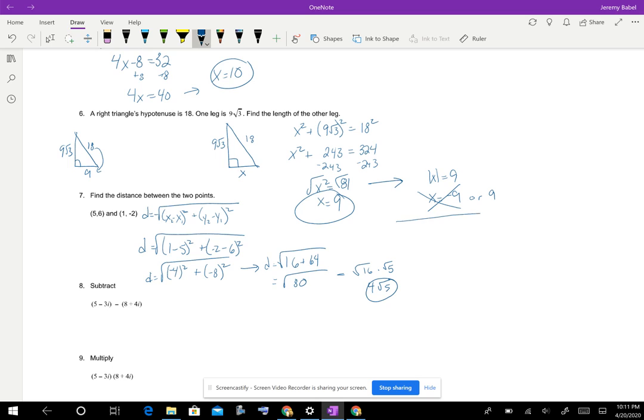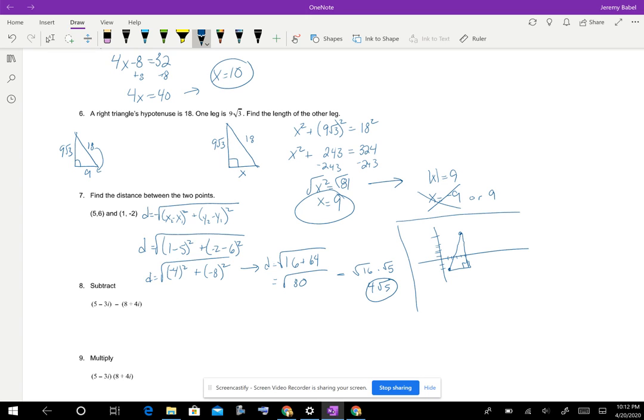Most of my time teaching early in the career, I was teaching geometry, and I always really liked to look at this differently than just the distance formula. I actually would have preferred, often as a geometry teacher, to think about the distance. That's something you could find by using the Pythagorean theorem.